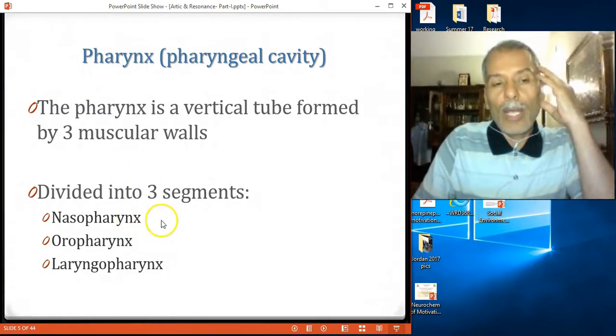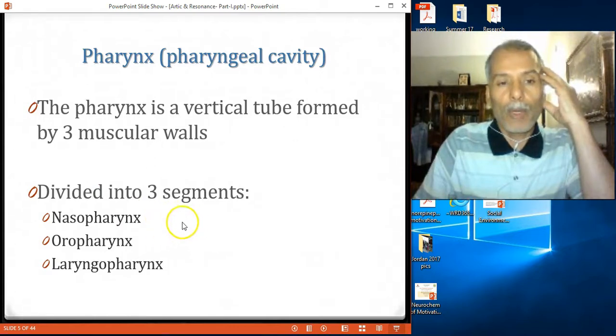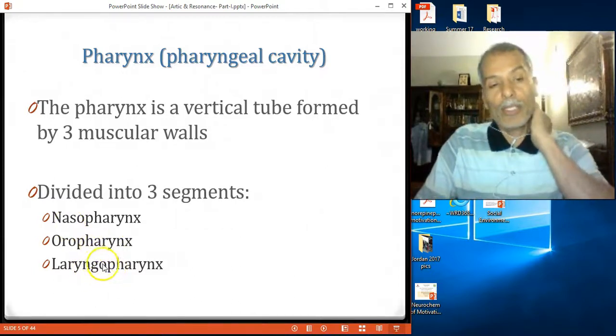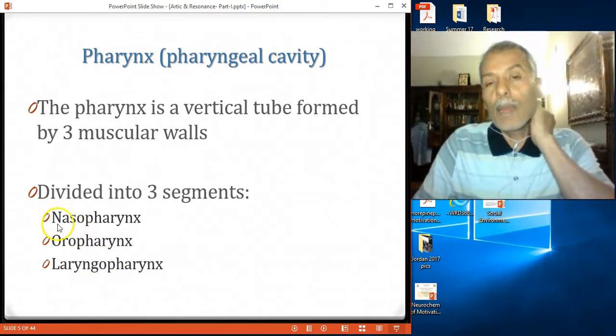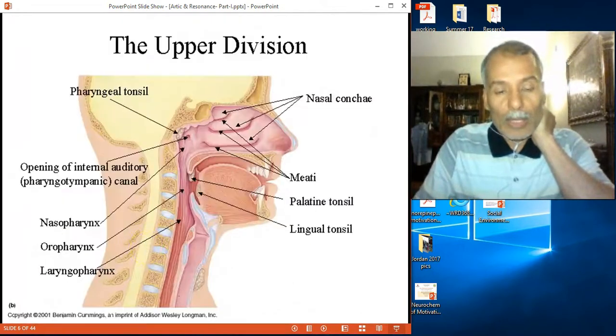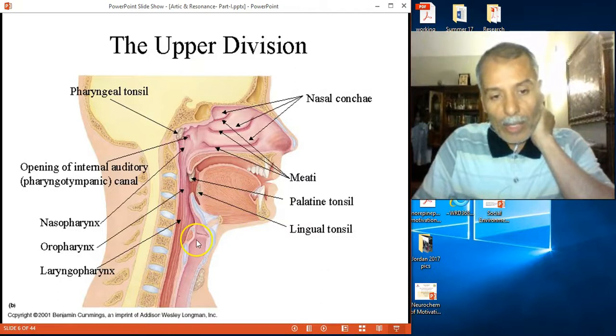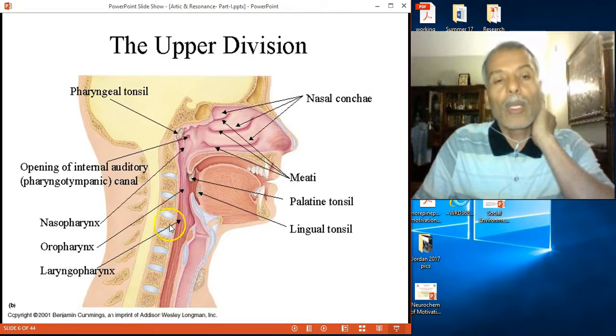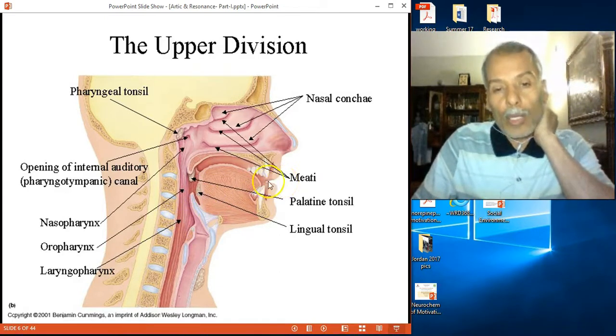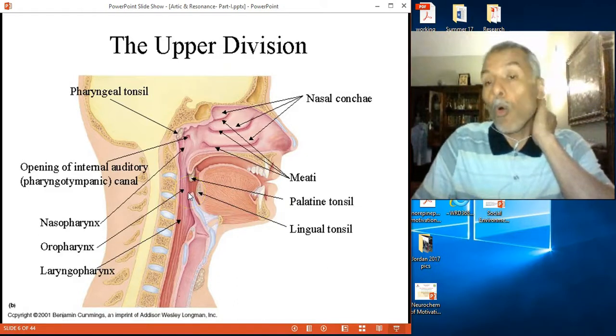So let's look at the anatomic parts of the vocal tract. It consists of the nasopharynx, oropharynx, and laryngopharynx. And if you just simply look at the name itself, you are going to know the location. Here is the larynx, and this part above the larynx is called the laryngopharynx. And the part that's across from the oral cavity, this area, is called the oropharynx.